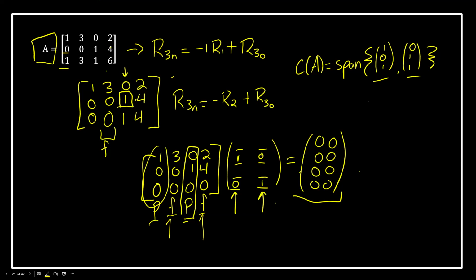Does that make sense? Because we have free variables here, we can choose any values to place there. Because they're free, they're not restricted. So we want to choose just the simplest values we can, so we choose the values 1 and 0.